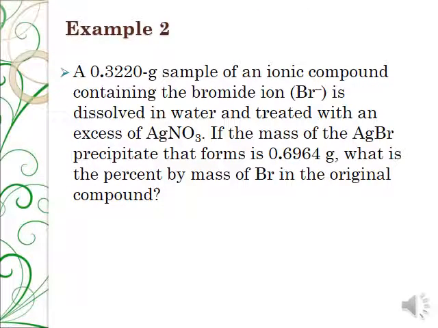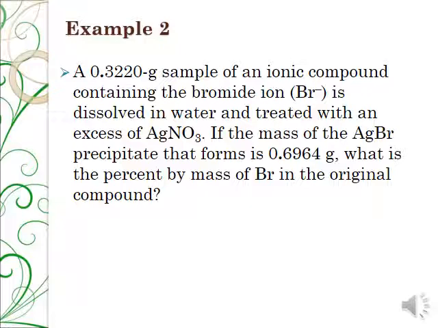Okay, next example. A 0.3222 gram sample of ionic compound containing bromide ion is dissolved in water and treated with excess silver nitrate. If the mass of silver bromide precipitate formed is 0.6964, what is the percent by mass of bromine in the original compound?